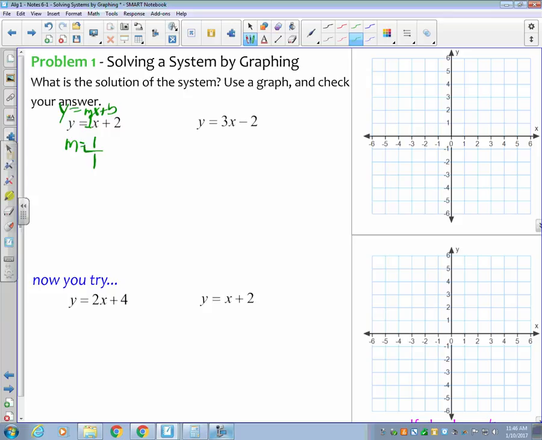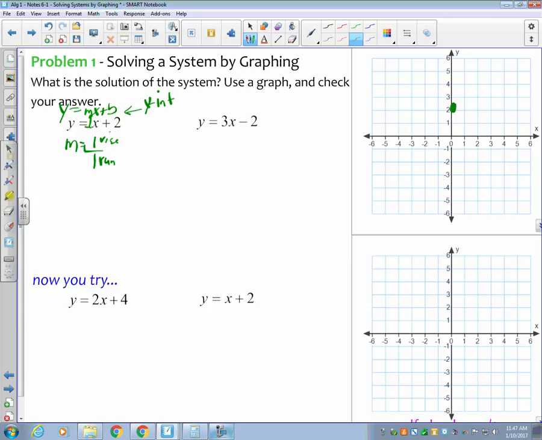So our slope is 1 over 1, which means we're going to rise 1, and we're going to run 1. Remember when we practiced graphing yesterday? We're going to start at 2 on the y-axis. So coming over here to our graph, put a dot at y equals 2. And we're going to rise 1, run 1.